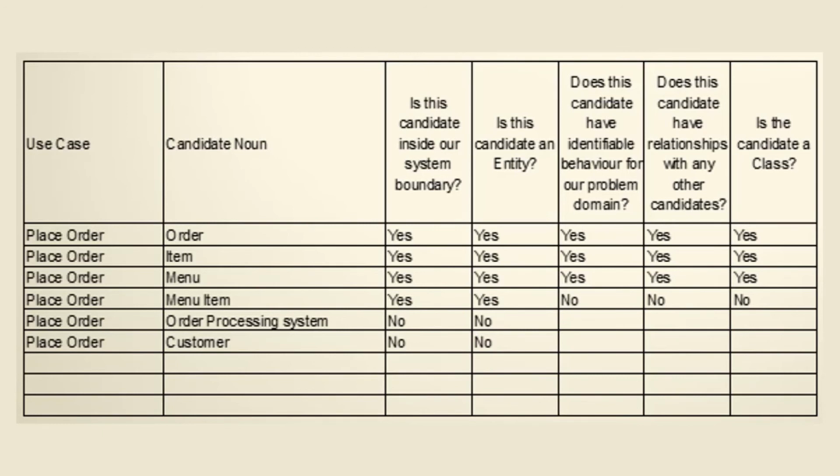Now, the last question, does this candidate have some responsibility where it needs to collaborate with other candidates? We've identified some of those also. If you have all four as yes, then that will become a class.